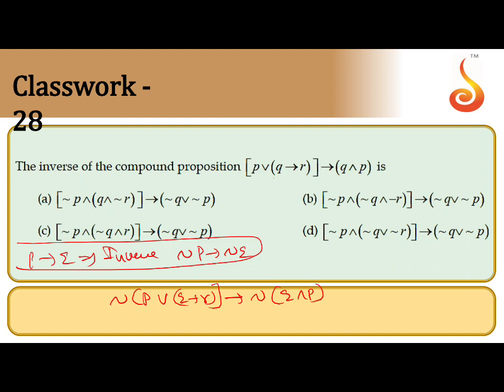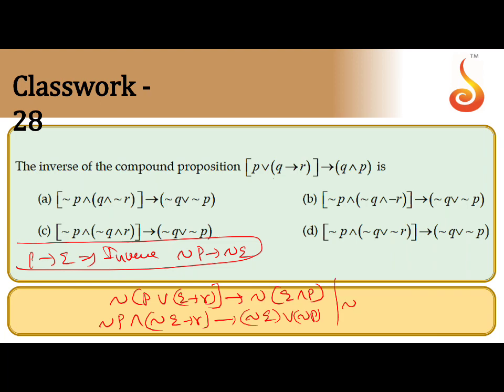Just apply the property: negation of P, R becomes AND, and negation of Q implies R. I apply negation first. So negation of Q becomes AND R, negation of P. That's clear. Now what extra is there? Negation of Q, then R is there.